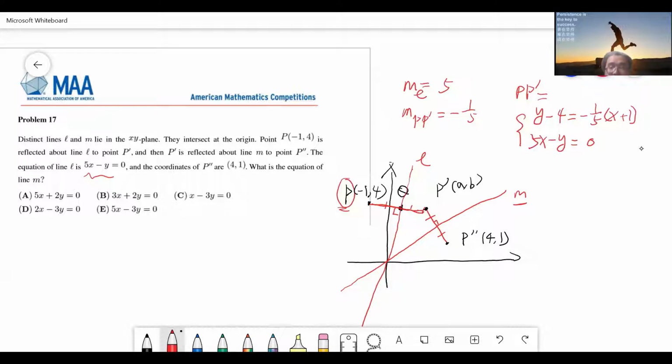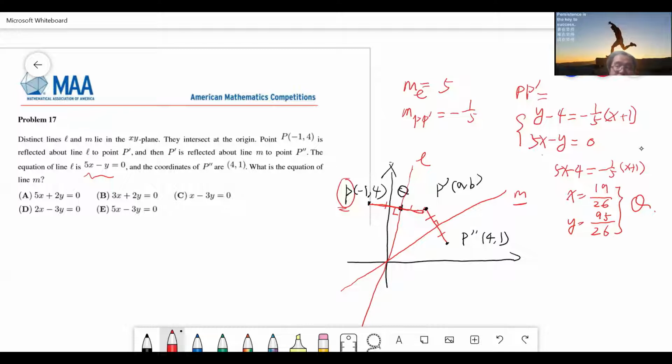Substituting, we can find 5x minus 4 equals -1/5 x plus 1. If we solve this, x equals 19 over 26. And then we can find y, right? Remember y equals 5x. That's equal to 95 over 26. So these are the coordinates for the point Q.